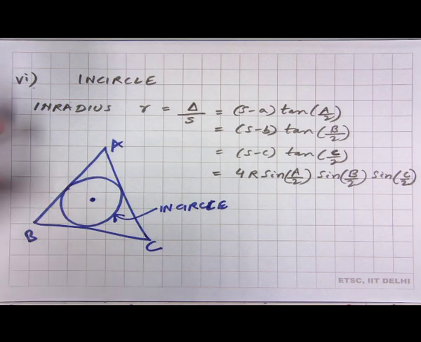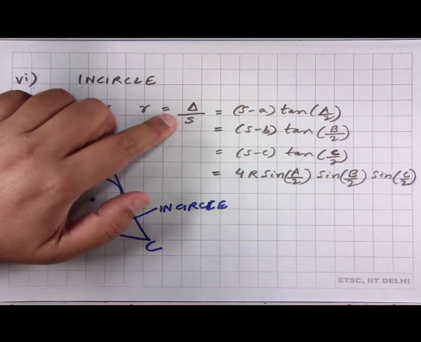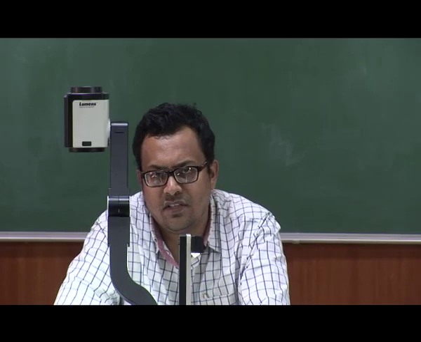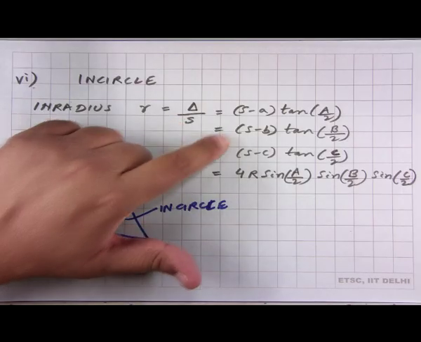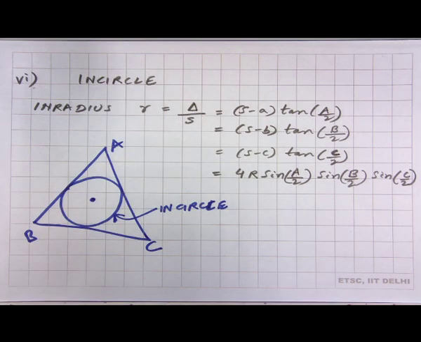The formula for the inradius, which we denote by the lowercase letter r, is given by the ratio of the area of the triangle to the semi-perimeter, and it can be shown that this is indeed also equal to all of these other four equivalent formulas.